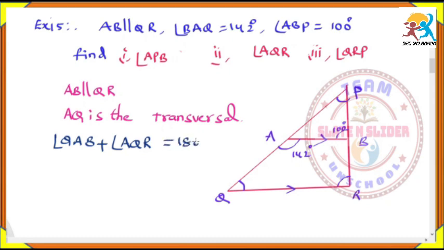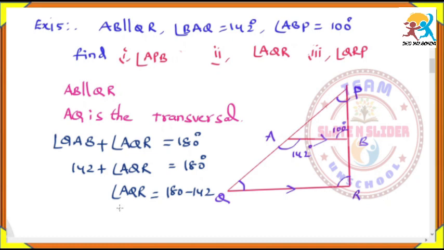So from that, angle QAB, 142, plus angle AQR is equal to 180 degrees. So from this we can write angle AQR is equal to 180 minus 142. So angle AQR is equal to 38 degrees. So this is 38 degrees.